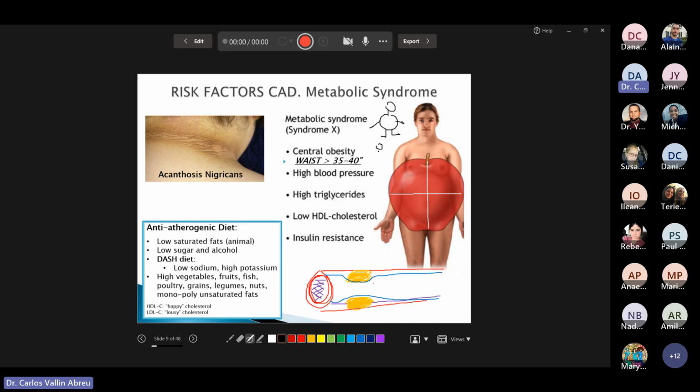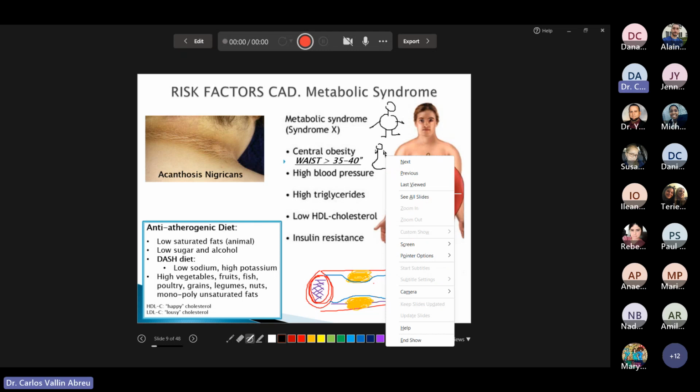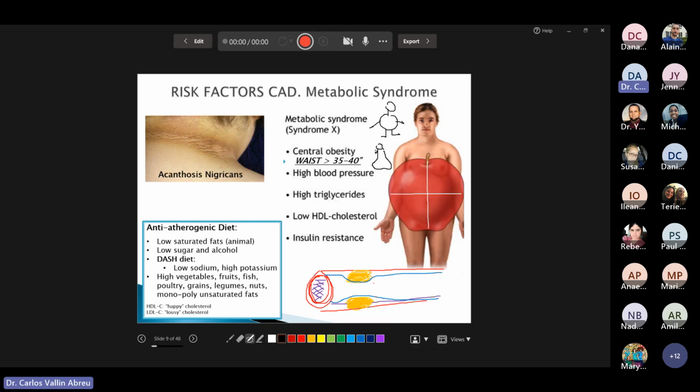There are other types of obesity. There are some, especially in females, that have this shape, which is more the shape of a pear. The big difference between the pear shape and the apple shape, which has the highest risk and represents the metabolic syndrome, is the umbilicus.